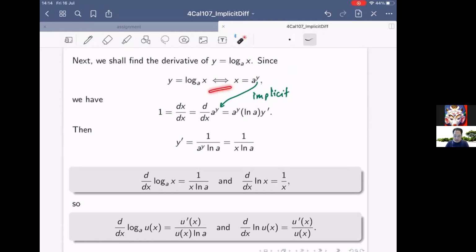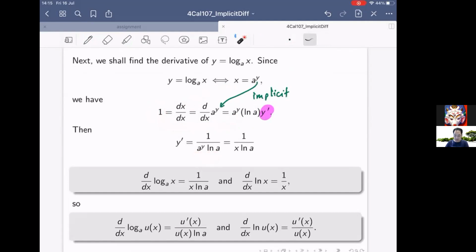It happened that the derivative of x is one, simple, but the derivative of a to the y is a to the y log a, and then the chain rule gives y prime. What you need is only the y prime there. So your y prime is simply 1 over this whole thing, a to the y log a.